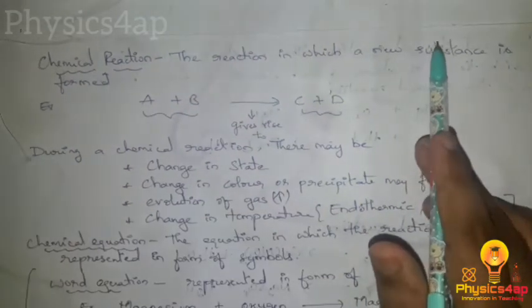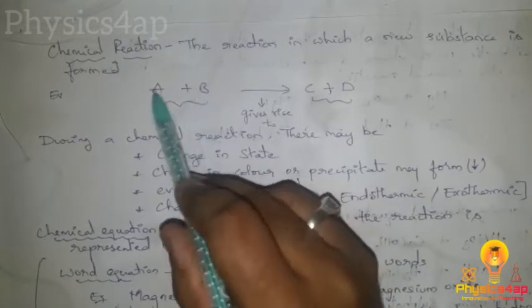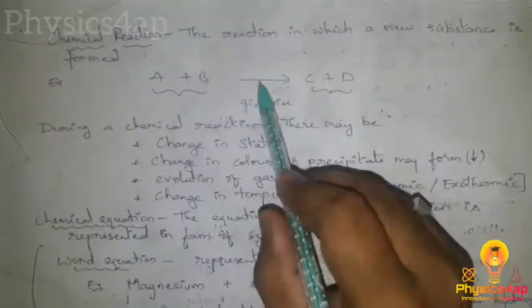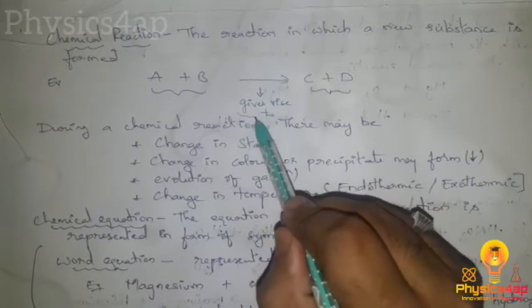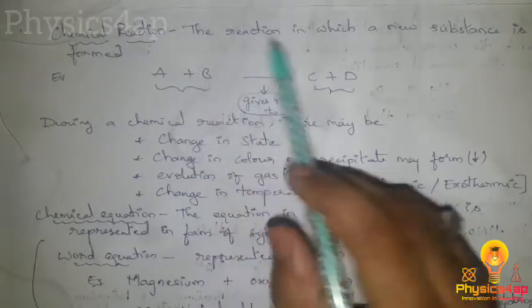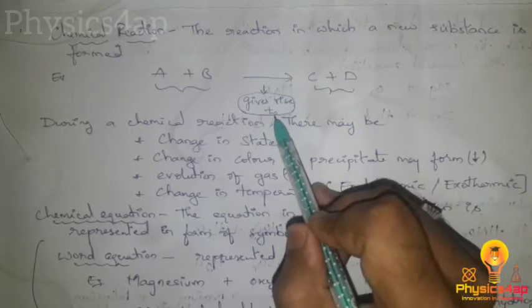For example, let us take a basic chemical equation: A plus B. We have two chemicals, and when they are combined we get new chemicals, C plus D. The arrow mark is called 'gives rise to', meaning that when these two are combined, what we get is given by the arrow.